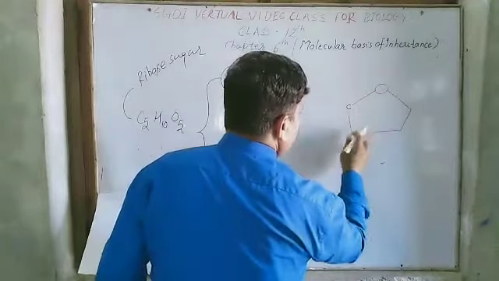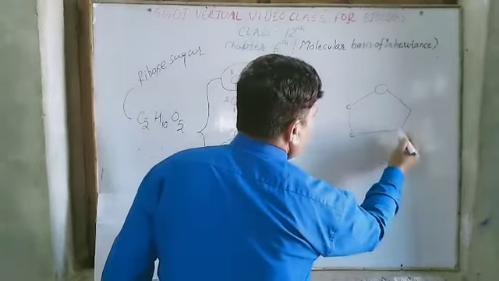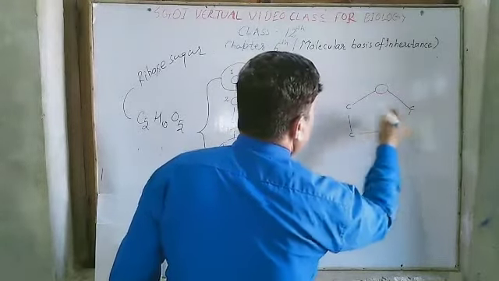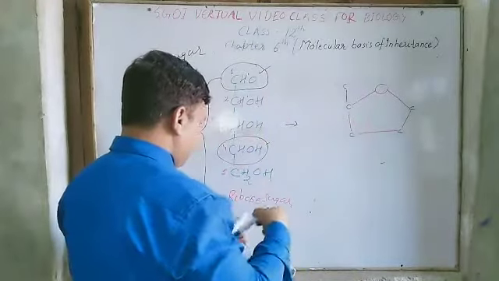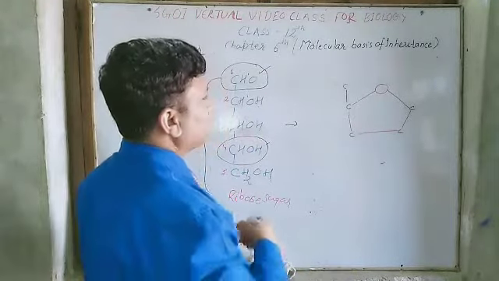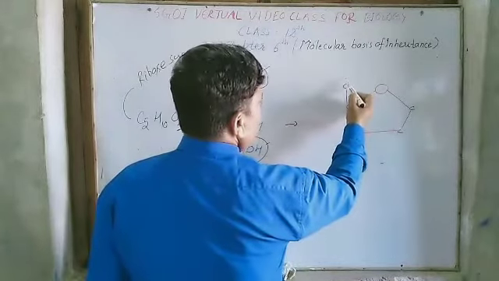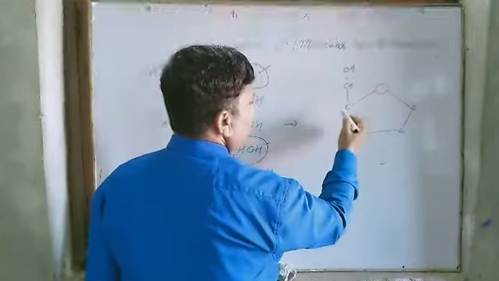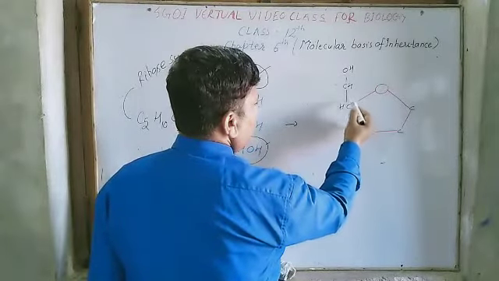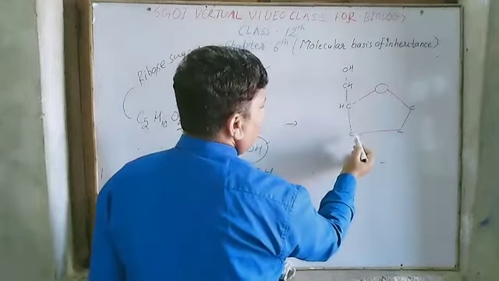Here is 1 carbon atom, second, third, fourth, and this one is fifth. 5 carbon atoms are found in ribose sugar. Now the valency is completed by hydrogen. Here 1, 2, 3 and 4. Here 2.